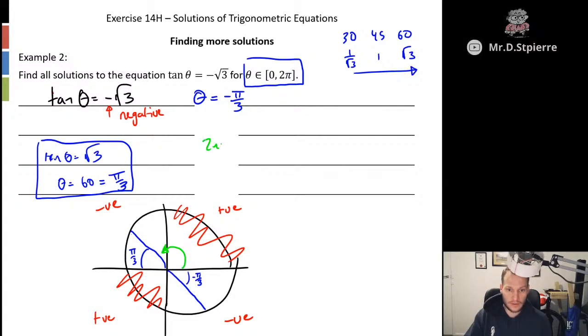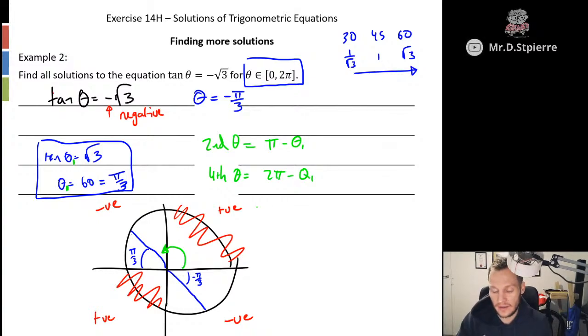So for the second quadrant, let's call this theta 1, because it's our angle that works in the first quadrant. Now tan, in the second quadrant, the angle is equal to pi minus our first quadrant angle, and then an angle in the fourth quadrant will always be equal to 2 pi minus our first quadrant angle.